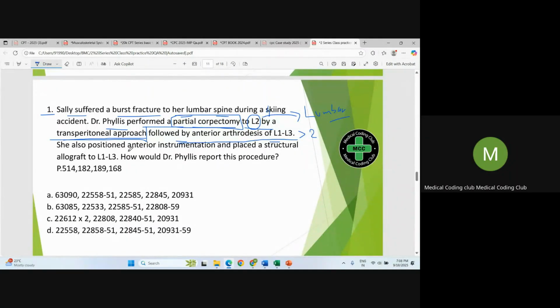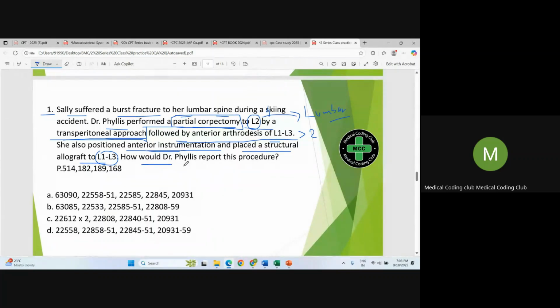Next, she also positioned anterior instrumentation and placed structural allograft to L1 to L3. So on that particular L1 to L3 site, they did anterior instrumentation and also placed a structural allograft. So all 4 procedures are here.